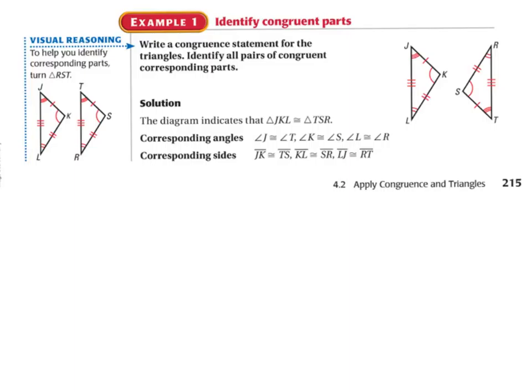Okay, so we're writing a congruent statement for the two triangles here for example 1. So you can see with the way that these two triangles are laid out here, they don't have all of their parts lined up, but we can see what parts correspond to what parts on the two different triangles.